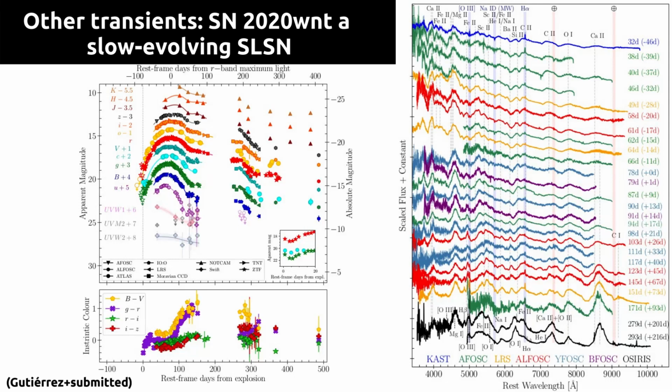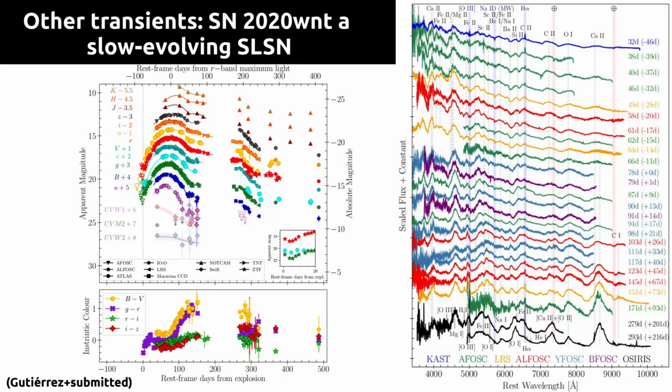It goes to the peak in around 80 days, then decays following the cobalt decay, and then has a bumpy light curve. In the spectra, the evolution is very slow. It's consistent with a 1C, and it's not changing for months.